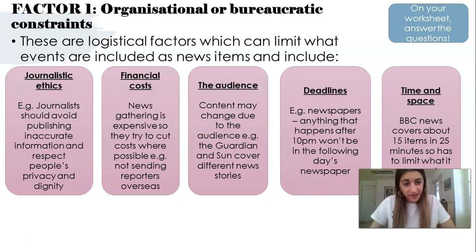So in theory, that should limit what stories can be produced. There's also financial costs. Money is very important when it comes to news. So news companies will try and reduce costs as much as they can. They might, for example, not send reporters overseas, which means stories from overseas will not be included.